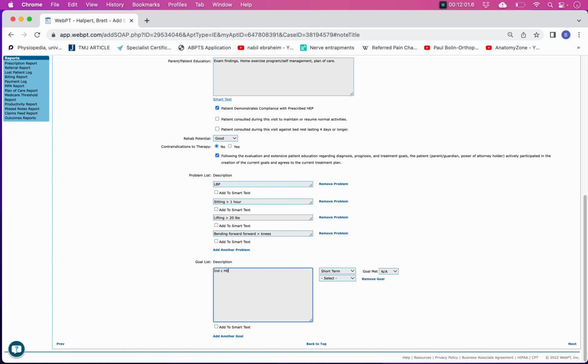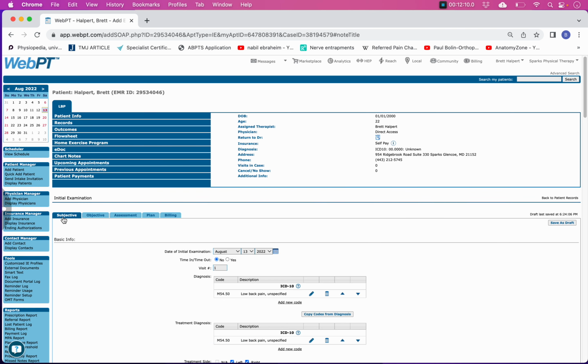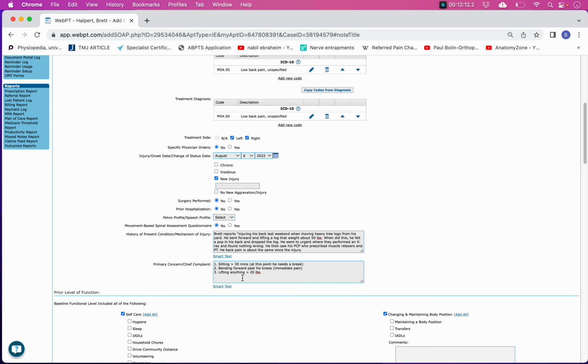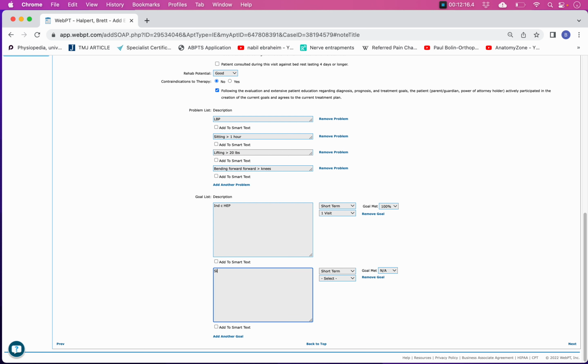Goals, always start off with independent with HEP. And then we're going to use the problem list for our goals and any objective measure. So we can say sit over 4 hours without a break to tolerate work as an accountant.